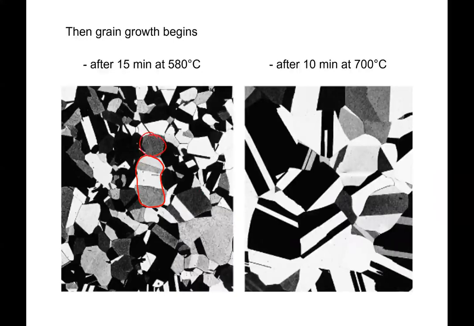All right, so 15 minutes, 10 minutes now, if we kick the temperature up a little bit, now you can see that these grains are getting much, much, much bigger. These sharp lines that you see are interesting because these are twin boundaries. They said in FCC materials in your text that you can get some growth twinning, and here it is. So as we're growing these new grains, we get this twinning process.